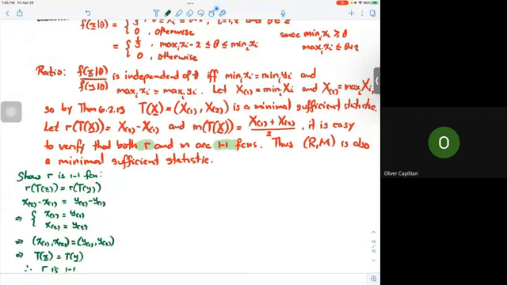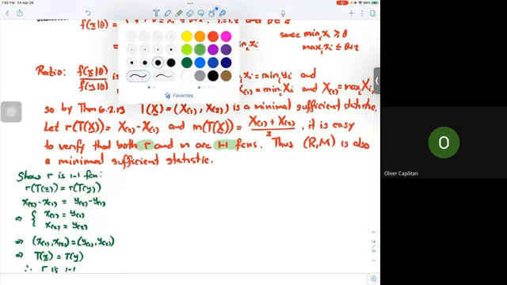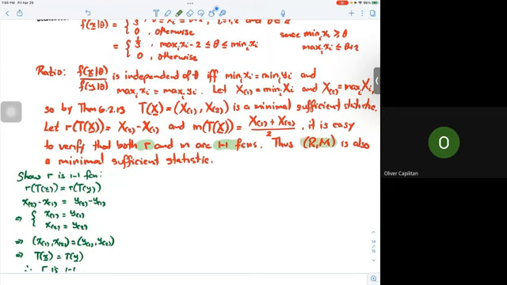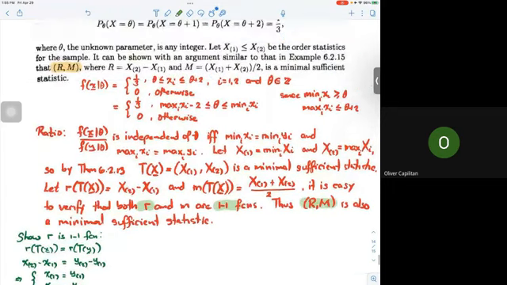Then we have shown that this component is also a minimal sufficient statistic. Napakita natin tong part na to. R and M is a minimal sufficient statistic.